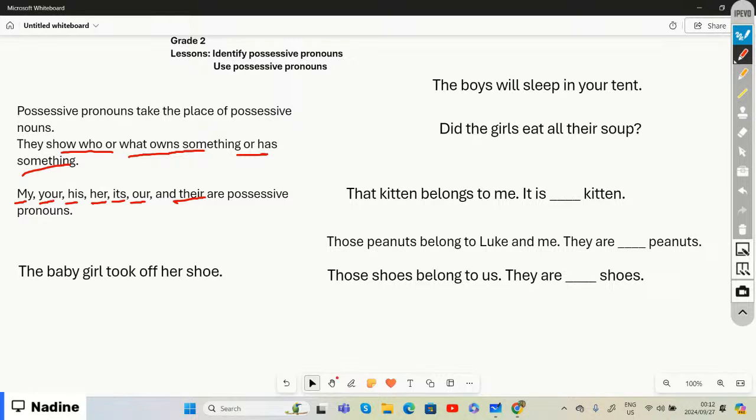It's his, it's her, it's my jacket. It's your jacket, for example. And these are possessive pronouns: my, your, his, her, its, our, and their. That is possessive pronouns.